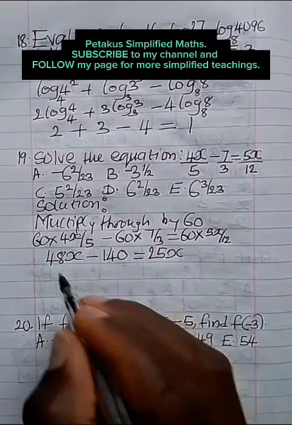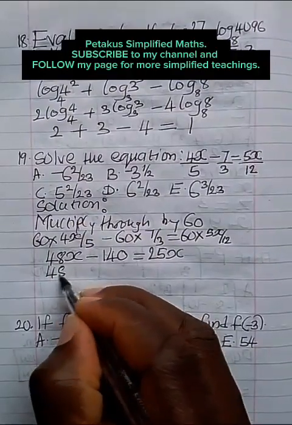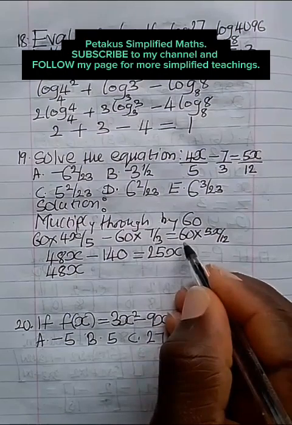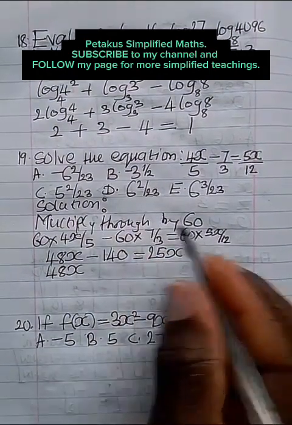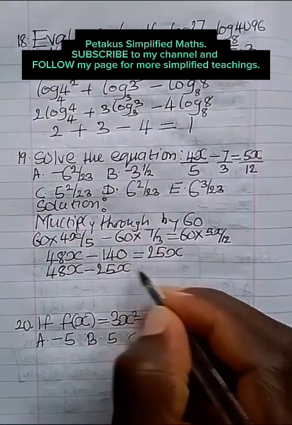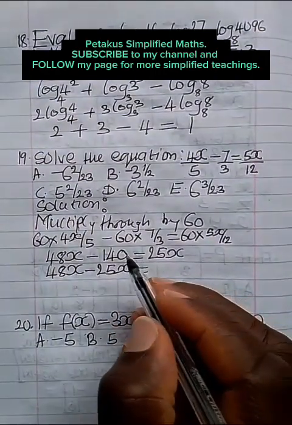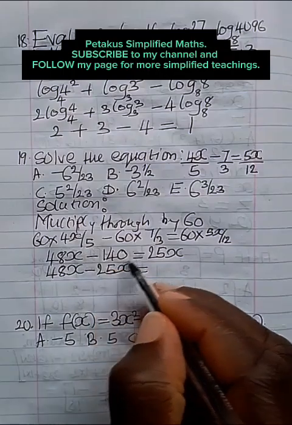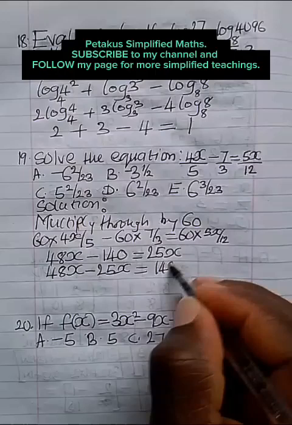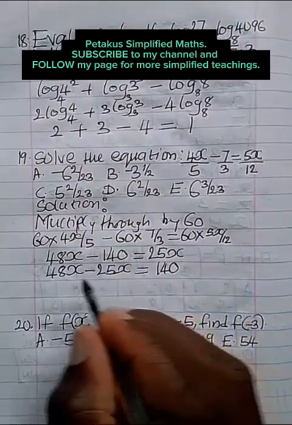Collect like terms. Let's keep 48s here. You transfer this one to the left hand side, it becomes minus 25s, equal to, you transfer the constant term to the right hand side, it becomes positive.